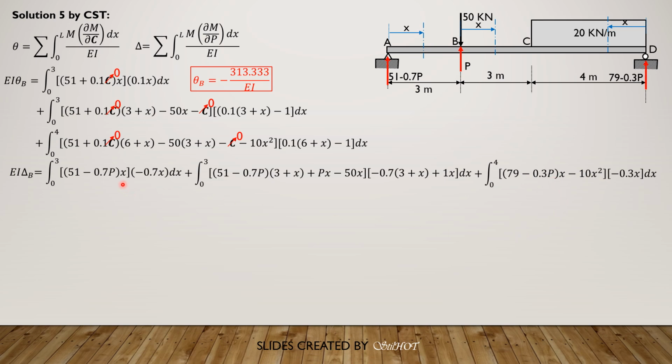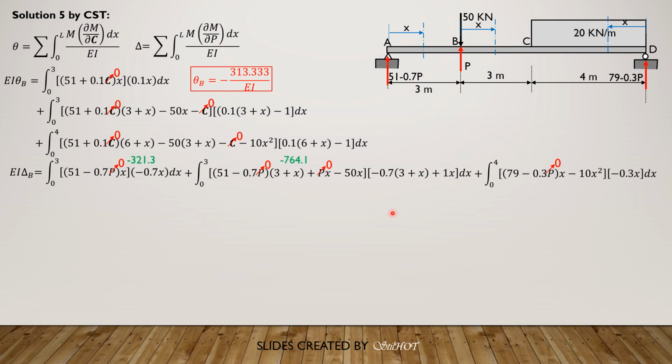So evaluating, but before that we set the value of p equal to 0 because it is just invented prior to integration. So notice that this term here is the same as in the virtual work method. So the answer is negative 321.3. This one is 51 plus x minus 50x, then quantity negative 0.7 times 3 plus x dx, same as the virtual work method.